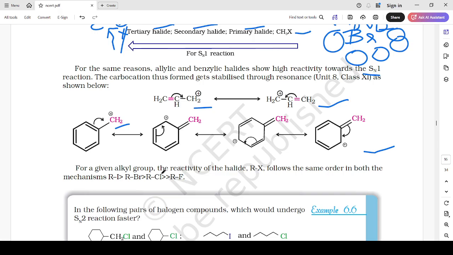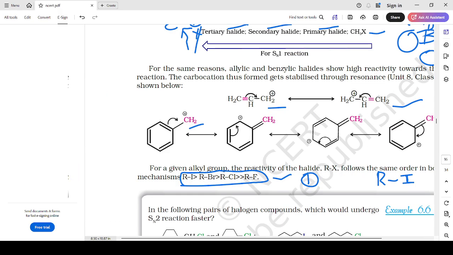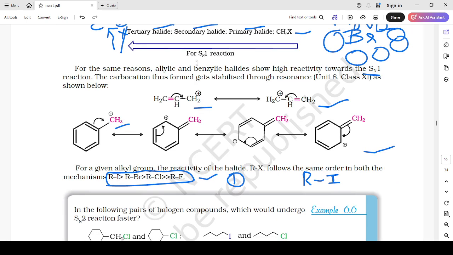For a given alkyl group, look at the reactivity of the halide here. Important question for 1 mark. Reactivity of halides, because iodide is a very good leaving group. That means when I'm having RI, to this a nucleophile is coming for an attack.